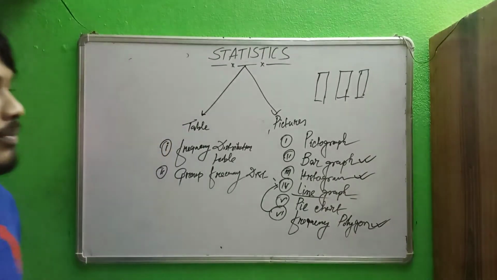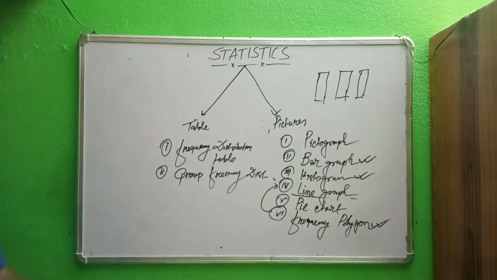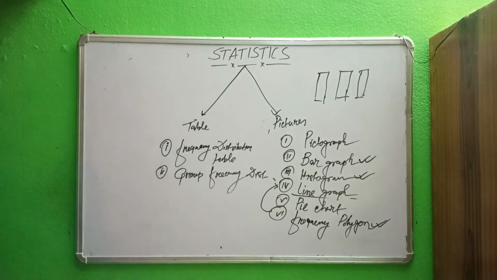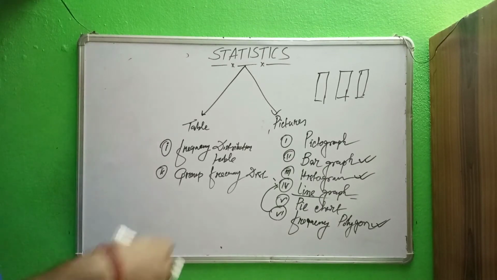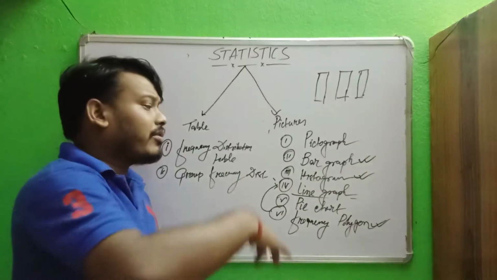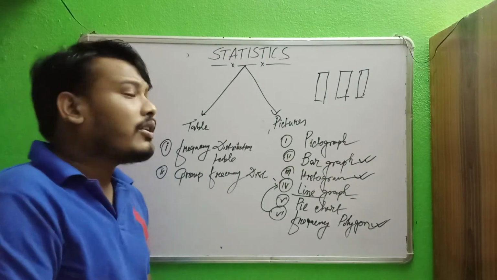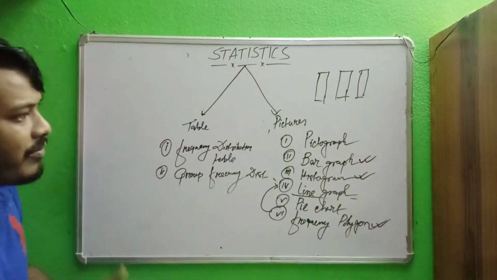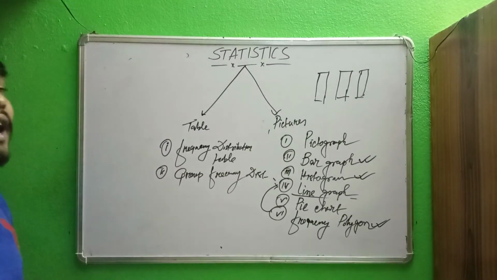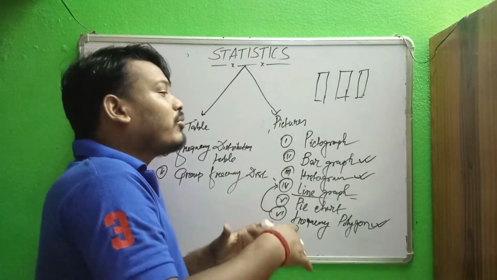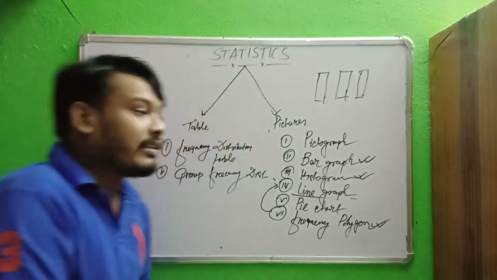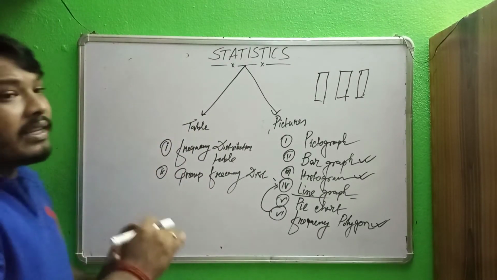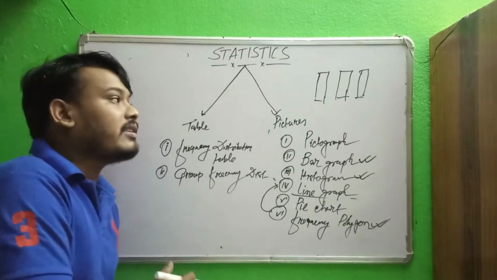Here one new concept is, when the widths of the bars are not uniform, that is not equal, how to represent the data. This concept is new in class 9.